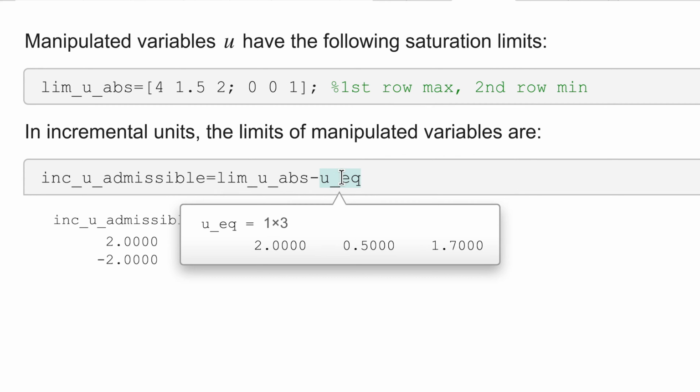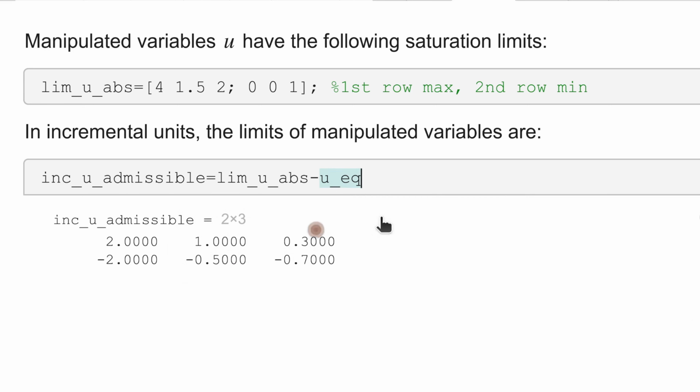And the second variable, if the operating point is 0.5, then available increments will be +1 and -0.5. And likewise, these will be the incremental limits for the third manipulated variable.